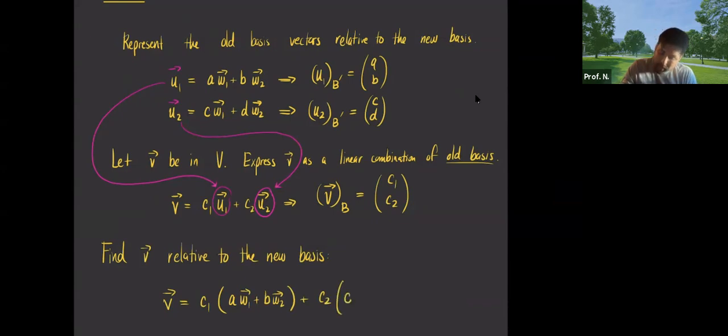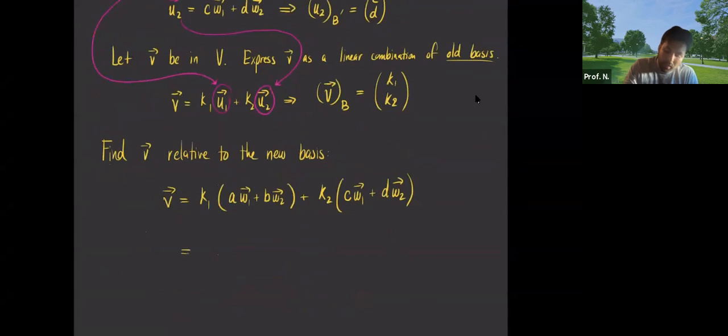I'm not going to use C in this case. I'm going to use some other number here called K, because I don't want to confuse anybody with the C's here. So K2 is C W1 plus D W2.